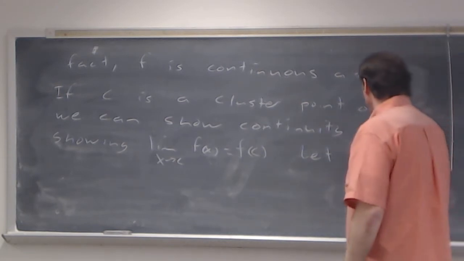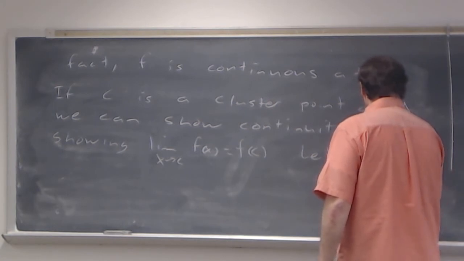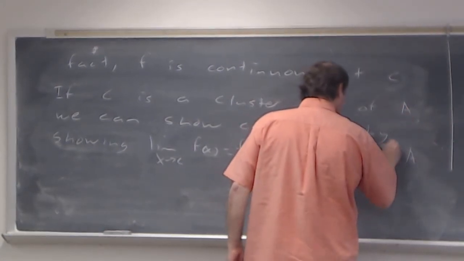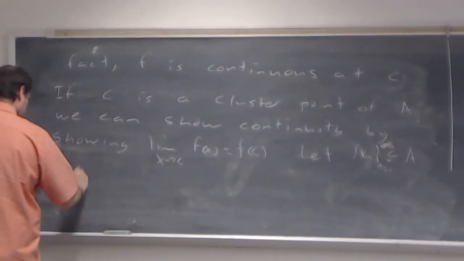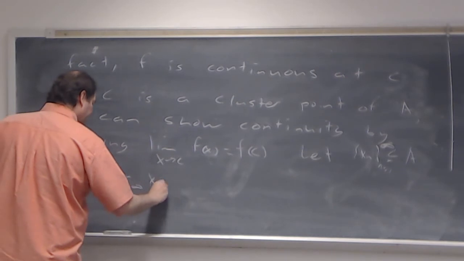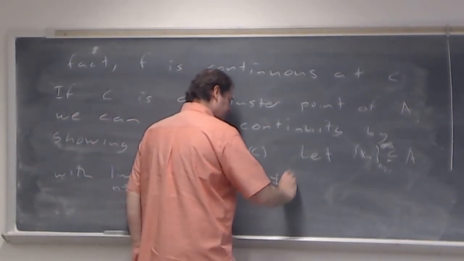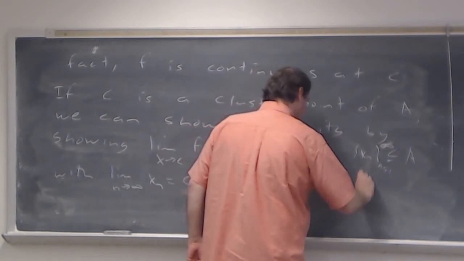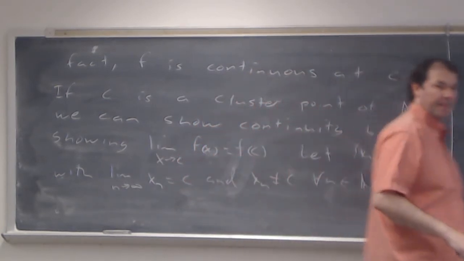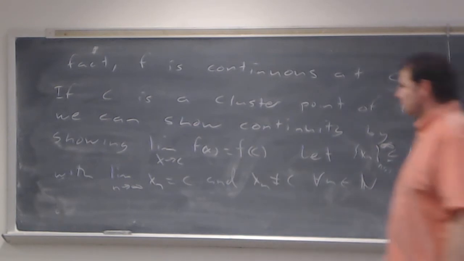So here I'm going to let x_n be a sequence in A, with the limit as n goes to infinity of x_n equaling c and x_n being different than c for all n in the natural numbers.